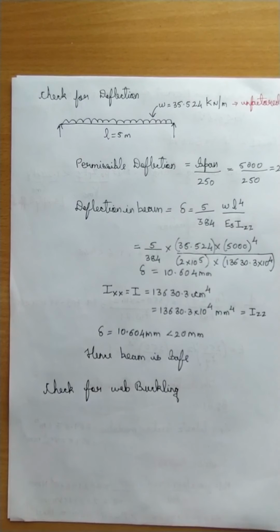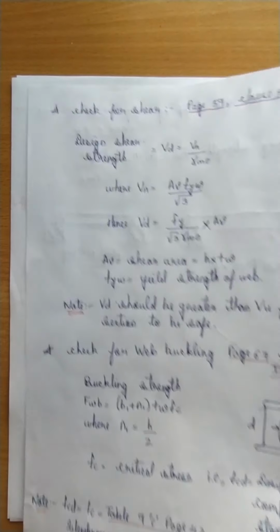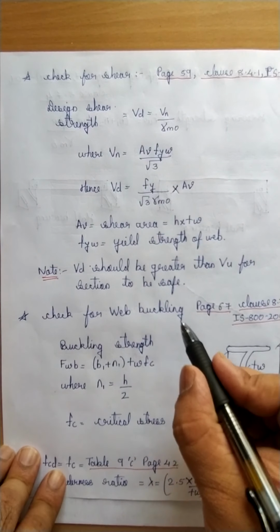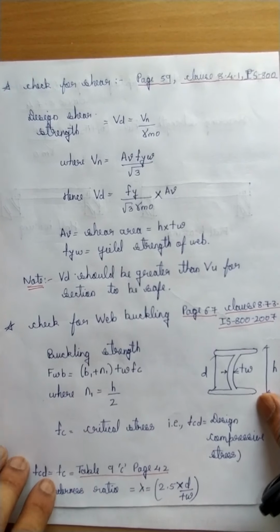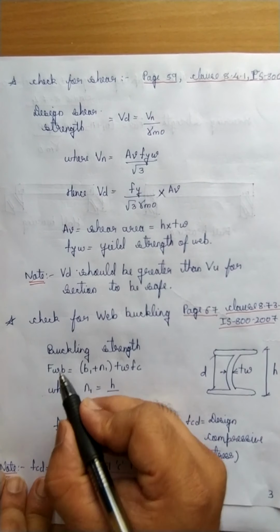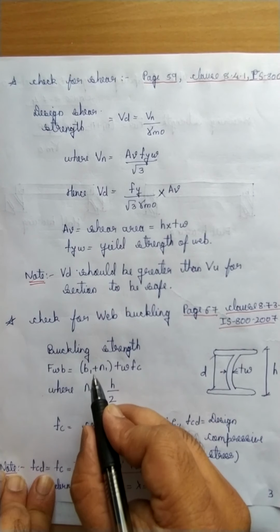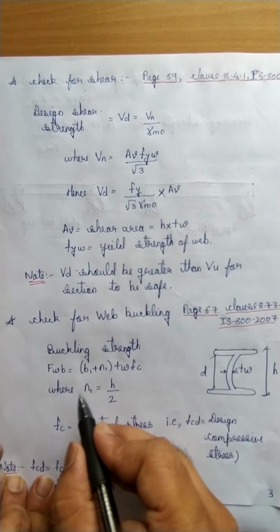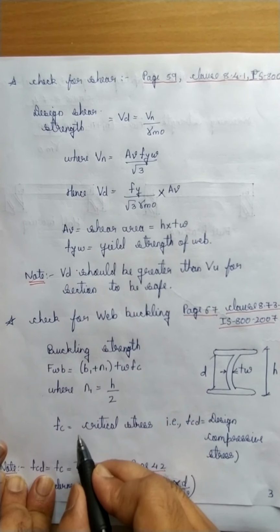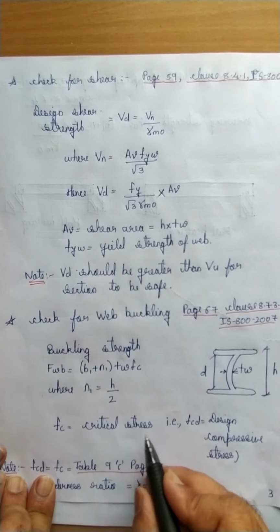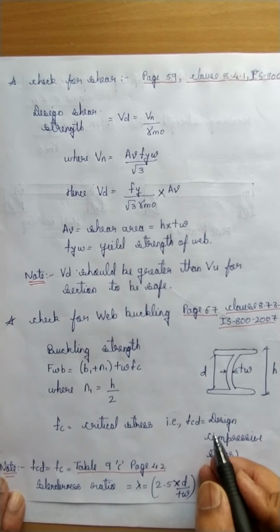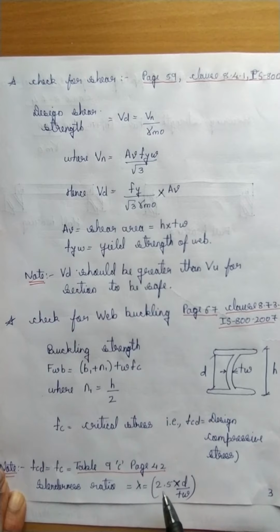Now let us see what we had discussed about check for web buckling in the steps which we had discussed earlier. So check for web buckling is on page number 67 of IS 800/2007. This is the formula which I had given. So I have just converted the formula. Fwb is equal to (b1 plus n1) into tw into fc, where n1 is H by 2. Fc is nothing but we can calculate it from the table for design compressive stress. How do we get it? By calculating the lambda value. So first let me note down these components.